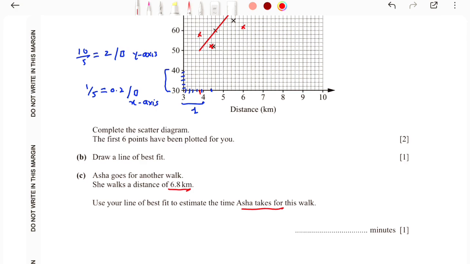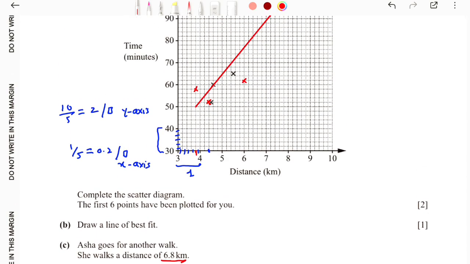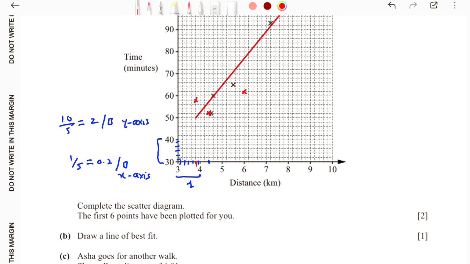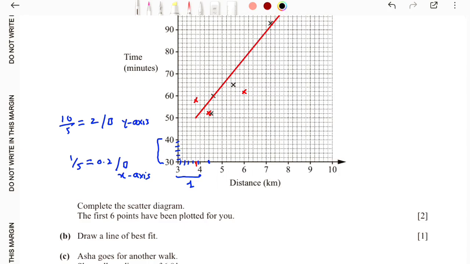Now students, here we have to see the value 6.8 again. 6.8 would be here, and the answer would be 82, 84, 86 approximately.